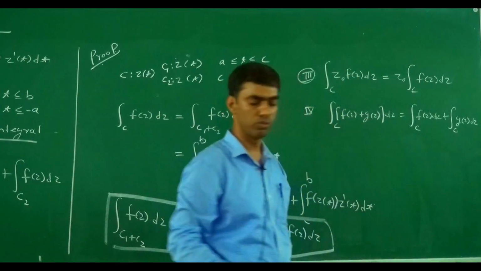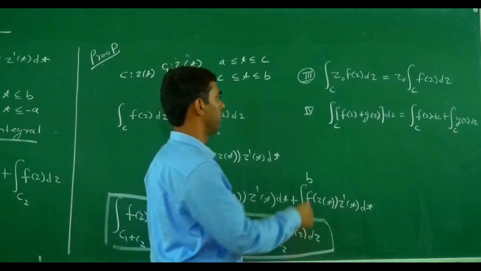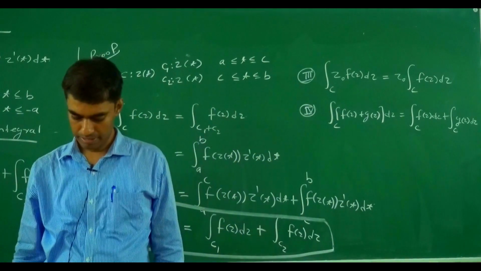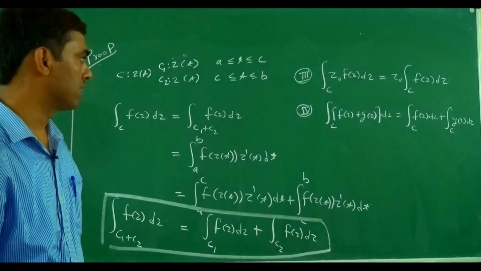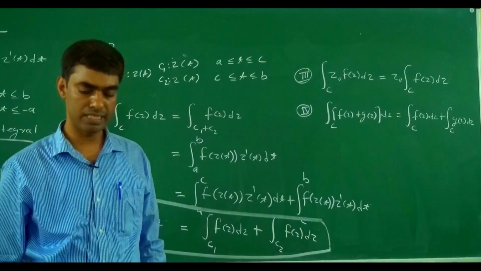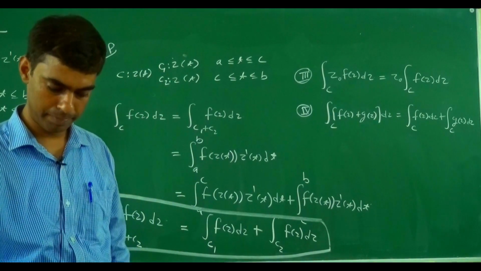Similarly, this is also true for f(z) minus g(z) and so on. So all the properties of this type, f plus g, f minus g, also hold for complex integration.